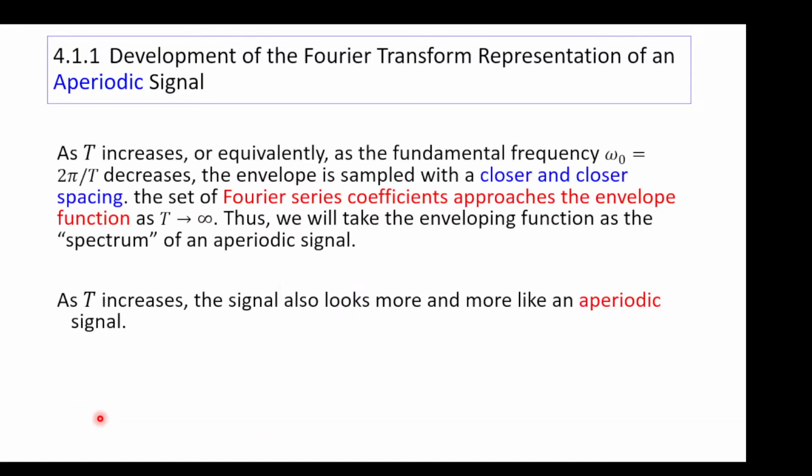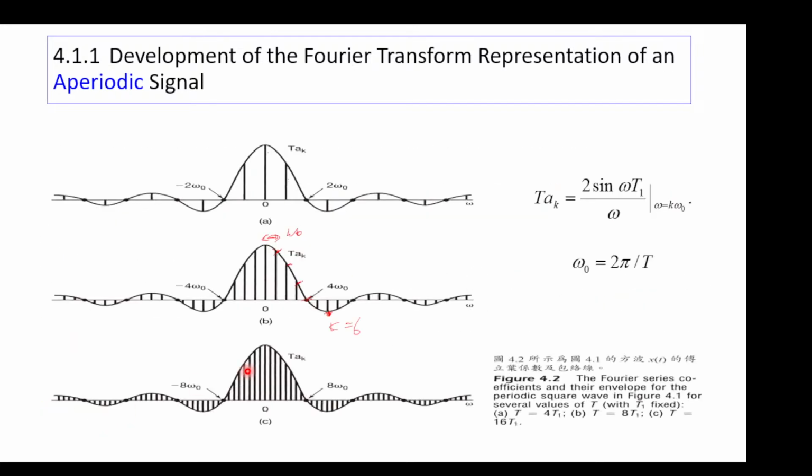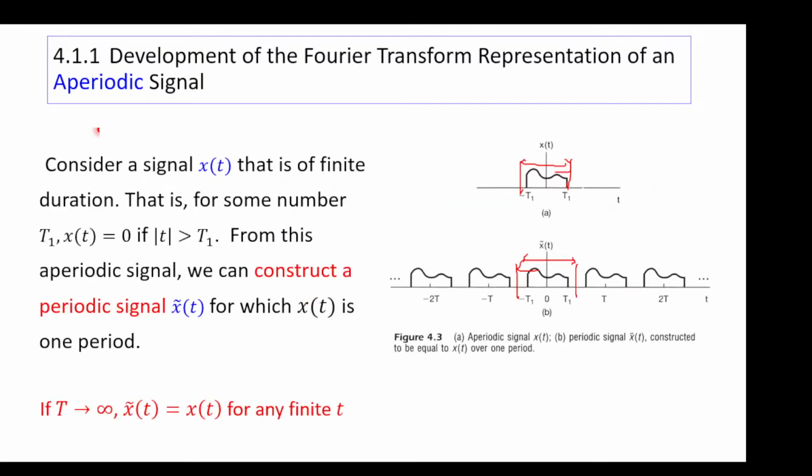Okay. So this is what happens in the square wave case, and now we try to get a very rough sketch of the derivation for a general signal. So now we have an aperiodic signal, and let's assume it has a finite duration.